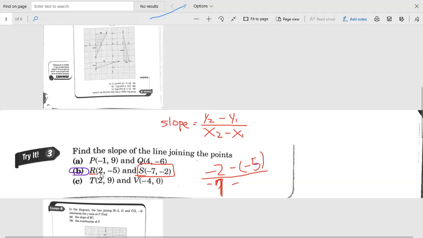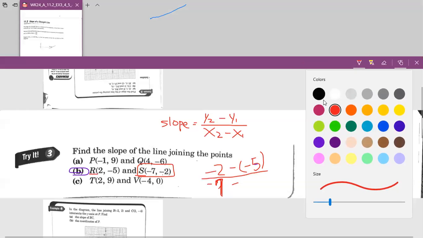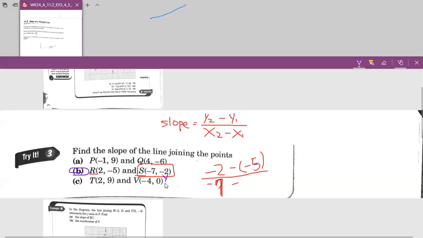So over here, let me change the color. Okay, this will be y2. This is y1, okay? And then this will be x2. This will be x1, okay?